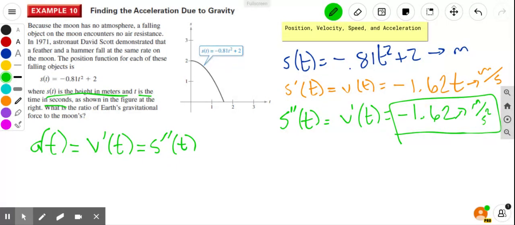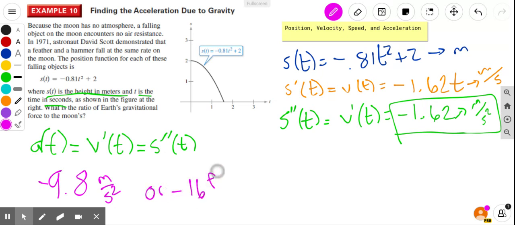Now, because I'm also a giant nerd, I know that the Earth's gravitational force is negative 9.8 meters per second squared, or negative 16 feet per second squared, because America. However, they're asking for the gravitational ratio of Earth's force to the moon.